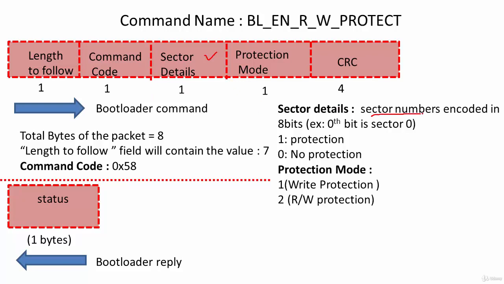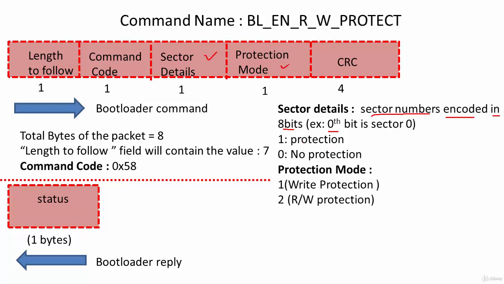So sector numbers are encoded in 8 bits. For example, 0th bit is sector 0, so like that. So 7th bit is sector 7. So if that bit is 1, then it means protection is needed, and if any bit is 0, then no protection, so protection is not required.